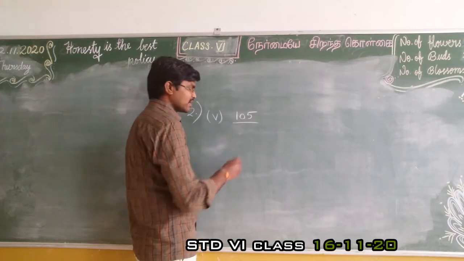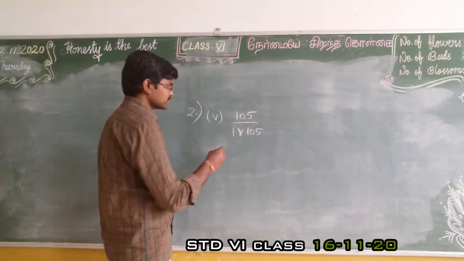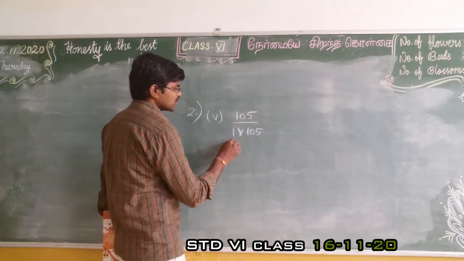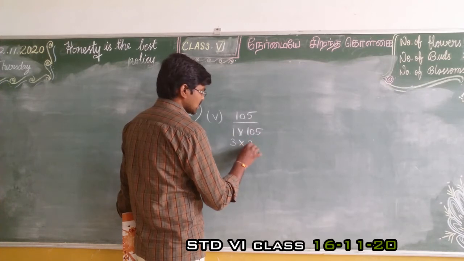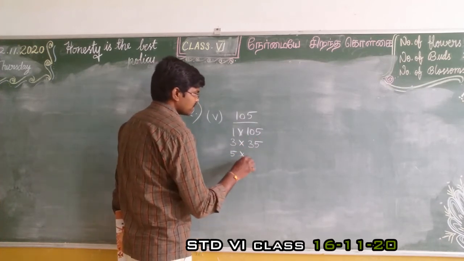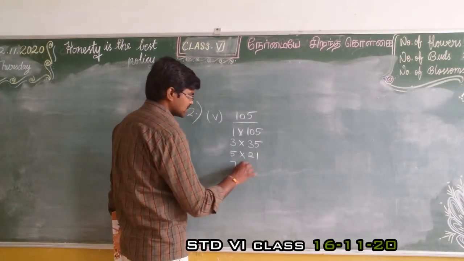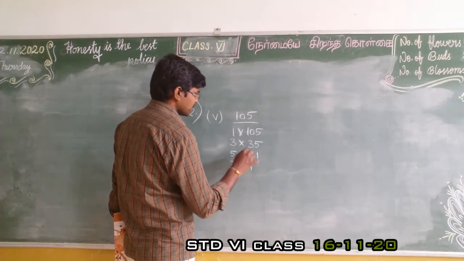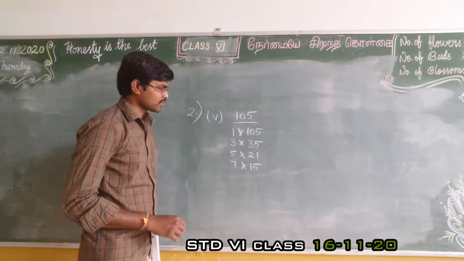So 105 means we have the possibilities: 1 into, then next 2 table, not 3 table, 3 into 3, 3 3s are 9, 5 3s are 15, next 5 table, 5 2s are 10, 7th table, 1 7 is 7, 5 7s are 35.